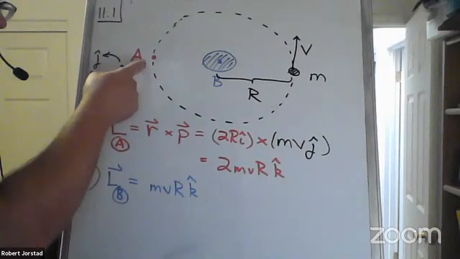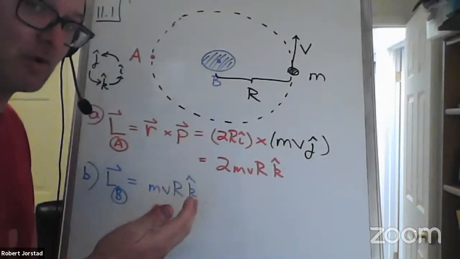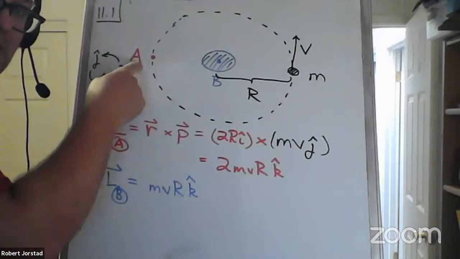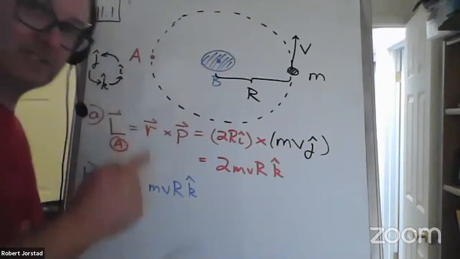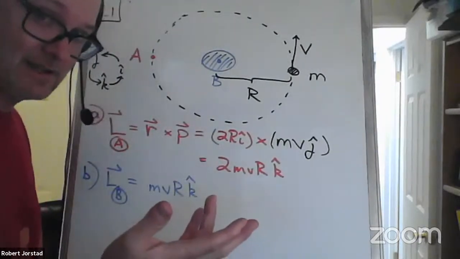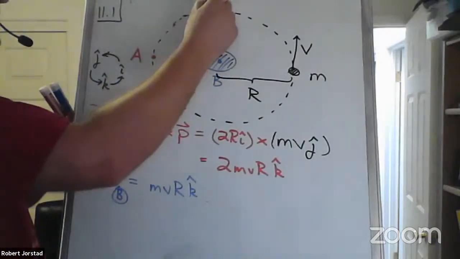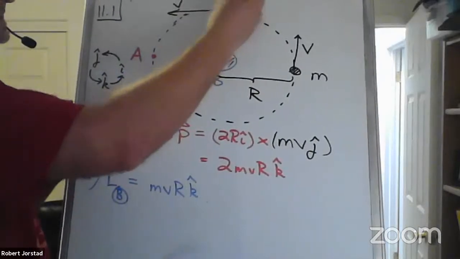If we choose point A, there's nothing wrong with doing that. However, angular momentum may not be conserved about this point because there may be a torque about this point. Whereas angular momentum about B, we will discover, is conserved if we do a different point. For example, what if I pick this other spot up here and have the satellite moving this way with speed v and mass m?